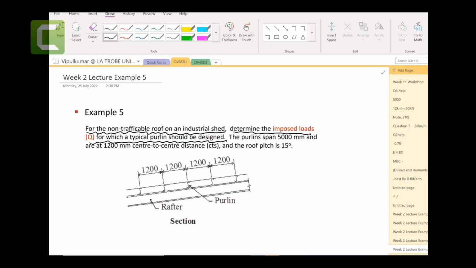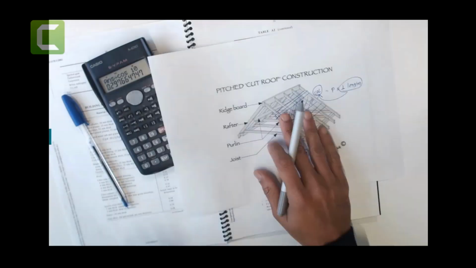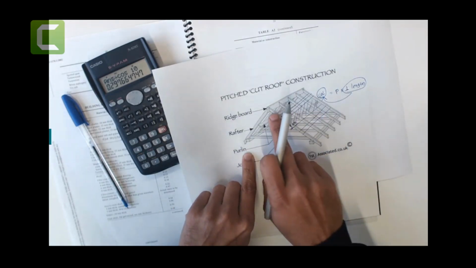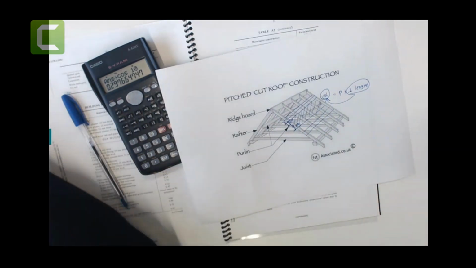I already mentioned this purlin, that we need to find. Where is the drawing? Oh, here. This purlin here, we need to find how much live load is coming onto it.